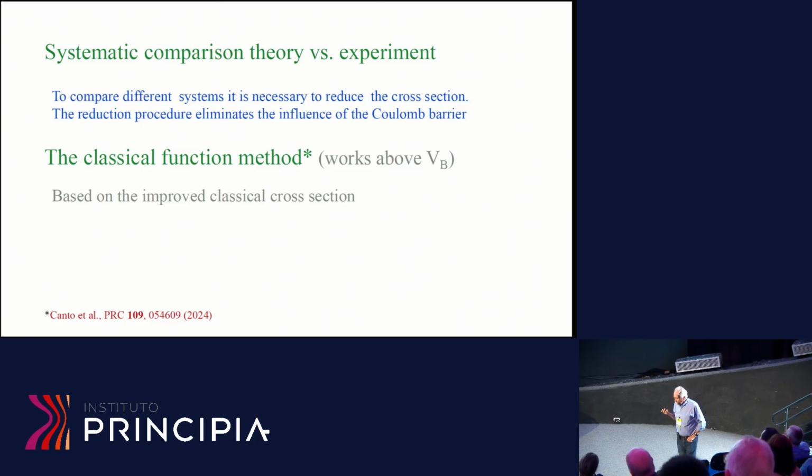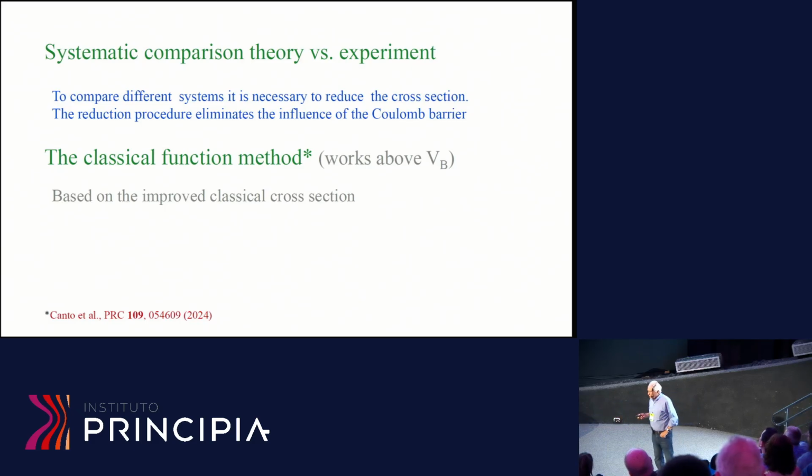Then one wants to compare cross-sections for different systems. But this is a complicated problem because the energy scale changes completely when the Coulomb barrier changes. We cannot compare cross-sections at the same energy, because one energy can be well below the barrier for one system and well above for the other. The cross-sections for this reason may differ by orders of magnitude.